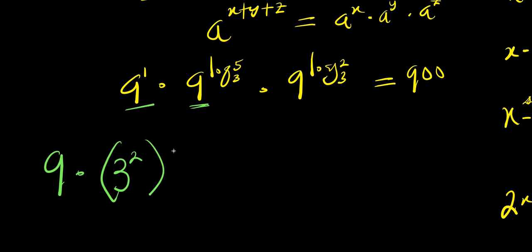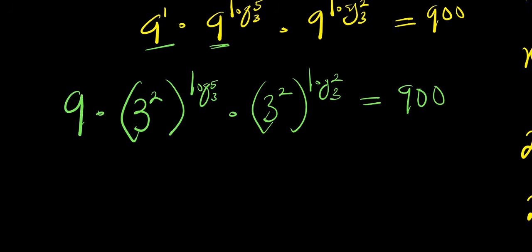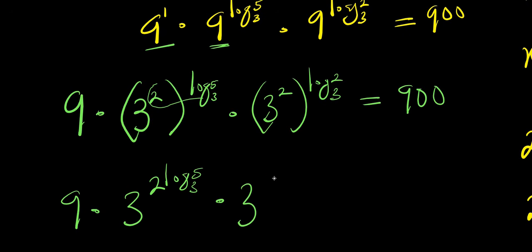This is 3 power 2 times log 5 to the base of 3 times this, which is 3 power 2 times log 2 to the base of 3, and this equals 900. So we have 9 times 3 to the power 2 log 5 to the base of 3 times 3 to the power 2 log 2 to the base of 3 equals 900.